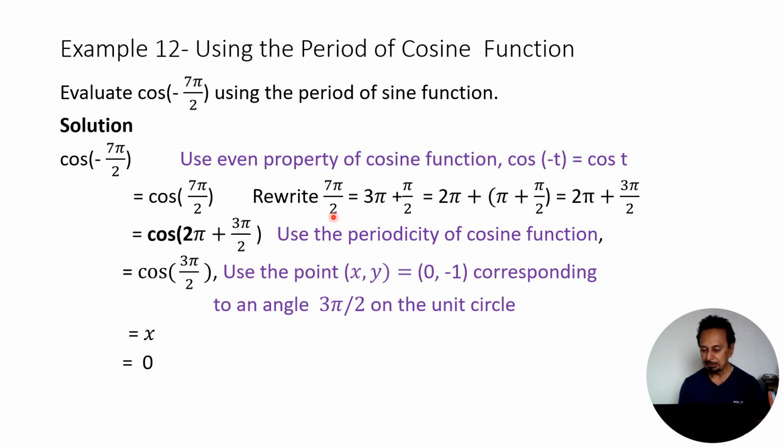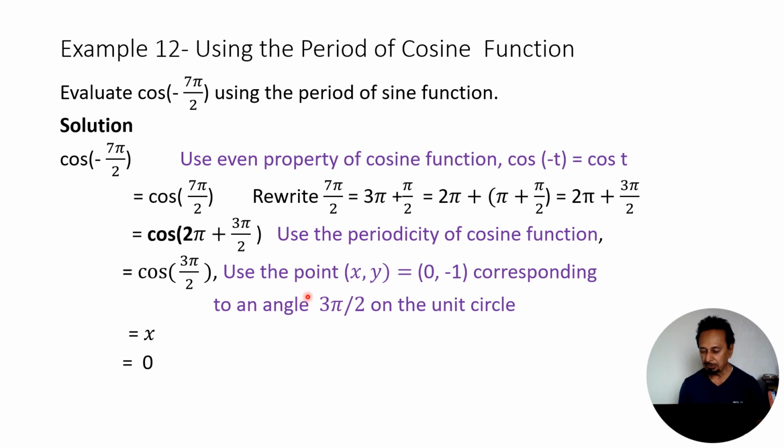Now we rewrite 7 pi over 2 as 3 pi plus pi over 2, and we can break it down into 2 pi plus pi. We can add pi to pi over 2, which becomes 2 pi plus 3 pi over 2. So we have cosine of 2 pi plus 3 pi over 2. Now cosine is periodic and its period is 2 pi, so this simply equals cosine of 3 pi over 2.